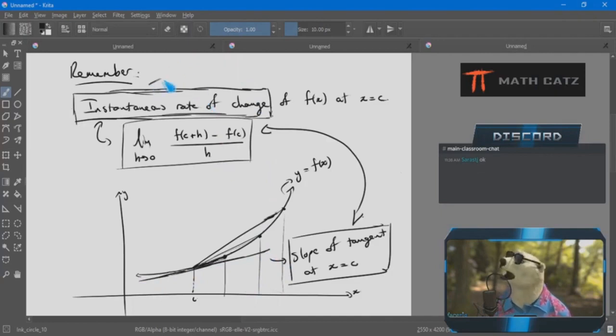So we are going to give this a new name, and that name is going to be the derivative of the function. So now we have a whole bunch of things that are sort of interchangeable. They all mean the same thing, just depending on the setting. I have instantaneous rate of change. I have the limit definition, the limit version. I have the graphical view, the slope of the tangent line at that point.